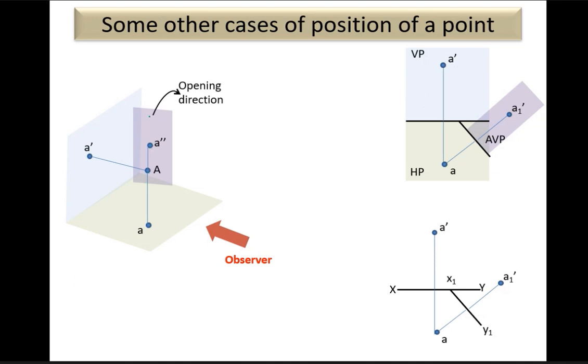So we know that the auxiliary vertical plane will make a certain angle with VP. This will open on the HP and it is making a certain angle. Then only we are able to show the angle with VP. It makes a certain angle with VP and is perpendicular to HP, right? So the top view will give you the perpendicular direction and the front view will give you the angle over here. And we'll project our point A.